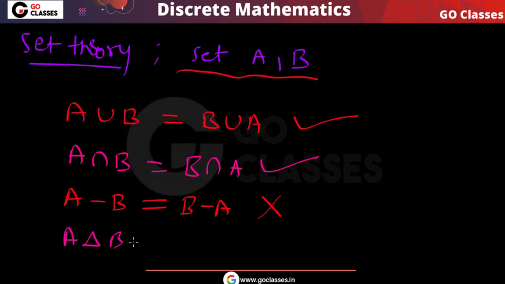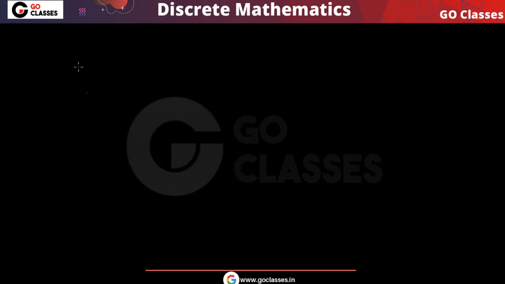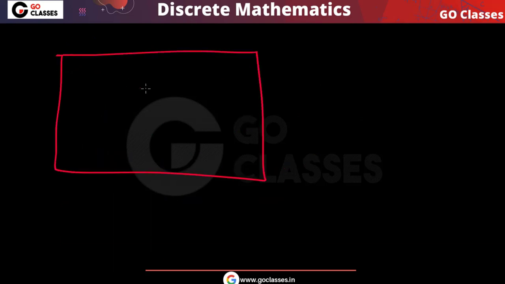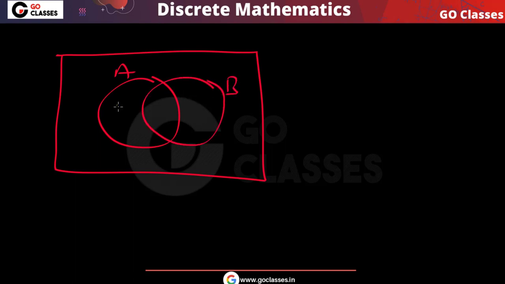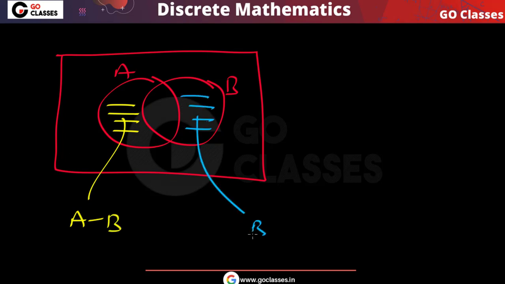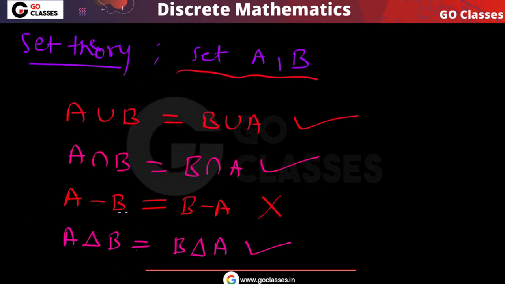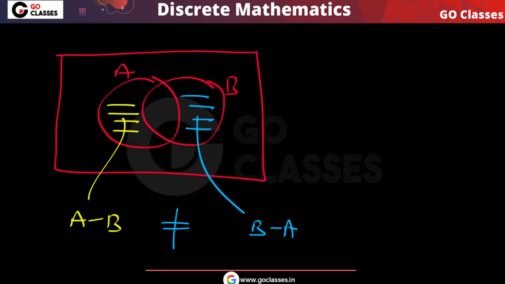Yes, symmetric difference is commutative, because A symmetric difference B is the same as B symmetric difference A. If you have set A and set B, this area is A minus B, and this area is B minus A. So you can clearly see A minus B is not the same as B minus A. That's the reason set difference is not commutative, but symmetric difference is commutative.